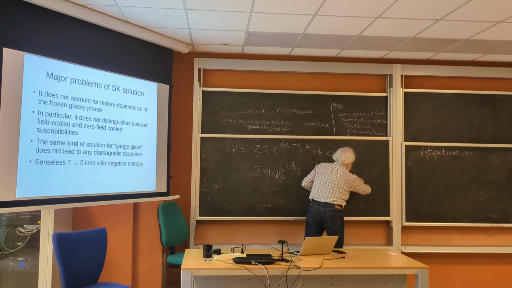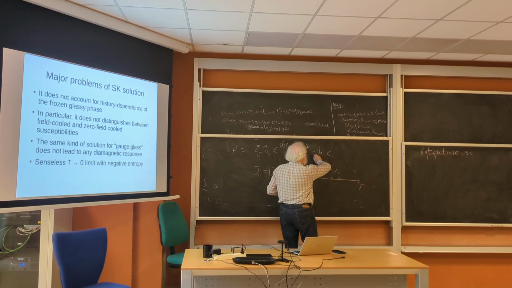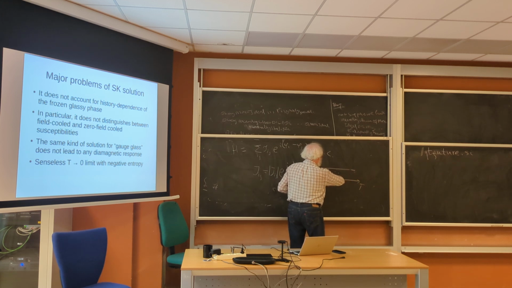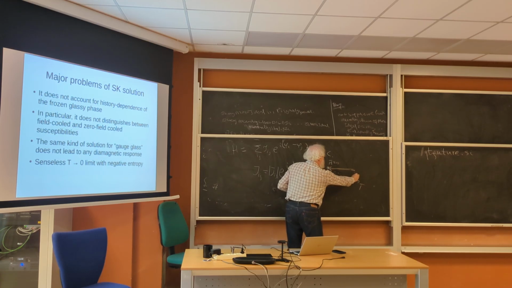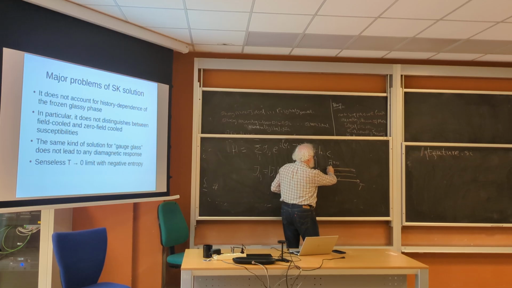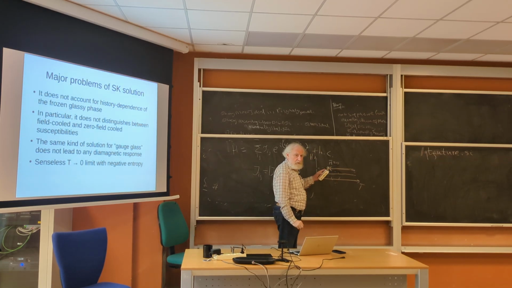So on the T-H plane, I can go to this point and measure the average magnetization. It will be 0. But I can come to the same point by another path, like this. Cool, and then change the magnetic field. And it will lead to magnetization.